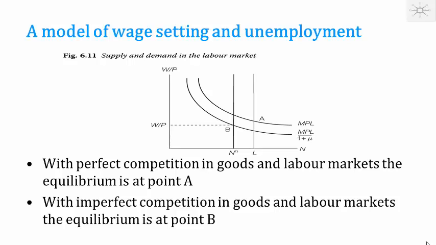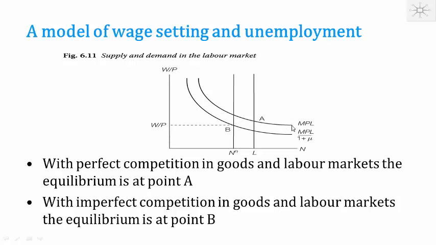So you can also illustrate this labor market equilibrium in another diagram where you have employment and the real wage. So we have employment on the horizontal axis, the real wage on the vertical axis, and here is the labor force, and here's the marginal product of labor.